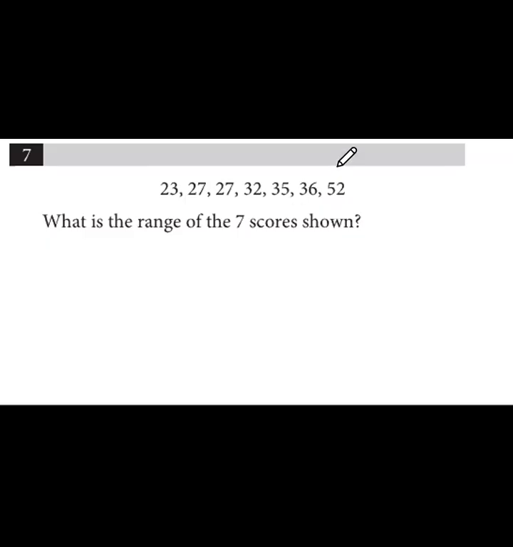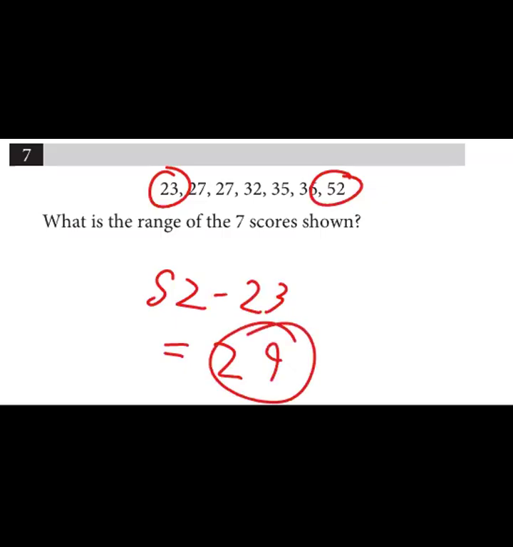Range is largest minus smallest, so 52 is the largest, and the smallest is 23. So 52 minus 23 is 29. So the correct answer is 29.